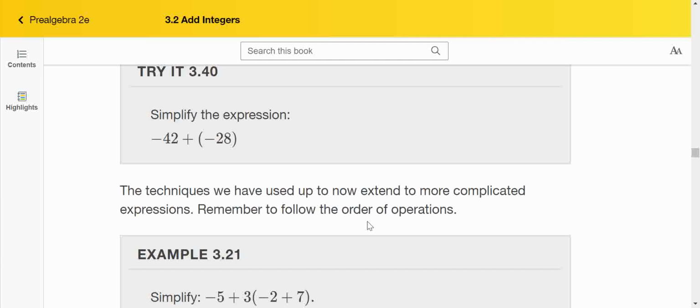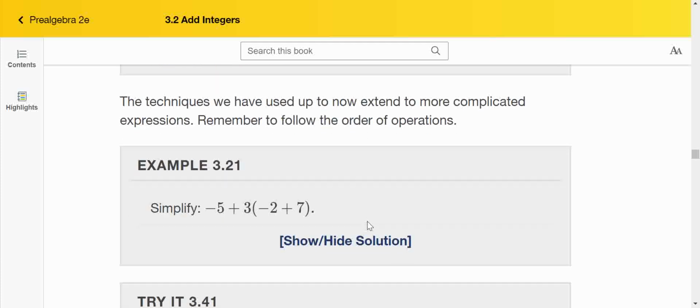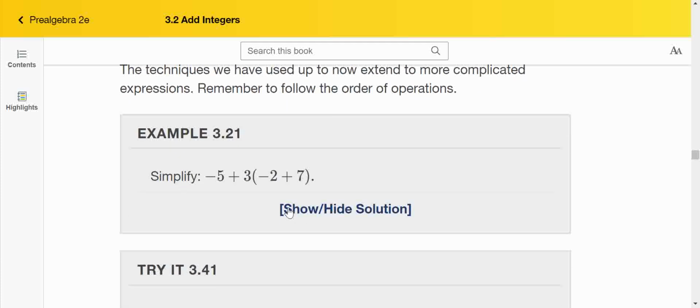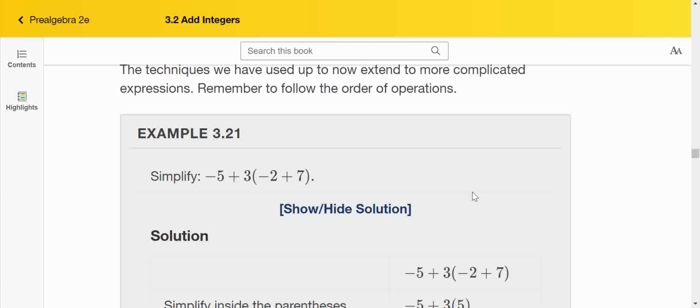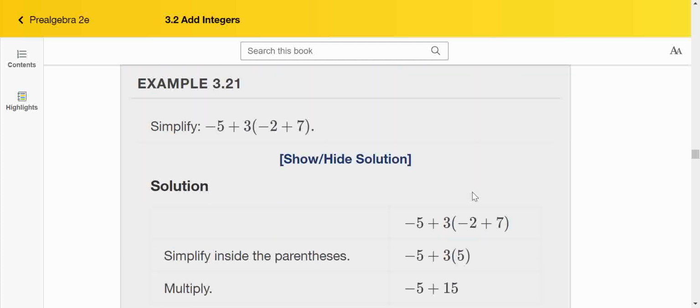The techniques we have used up to now extend to more complicated expressions. Remember to follow the order of operations. Example 3.21. Simplify. Minus 5 plus 3 times the sum of negative 2 plus 7. Solution.